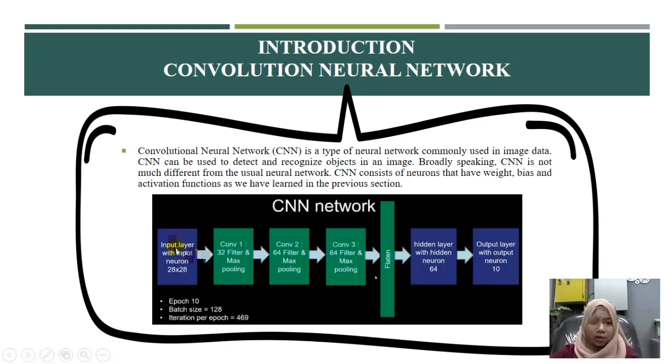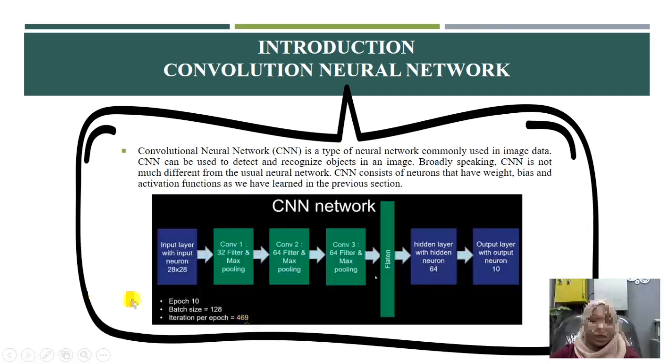In CNN, from the input layer we have convolution 1, convolution 2, and convolution 3, and we set the epoch, size, and iteration per epoch by ourselves, as my group and myself.